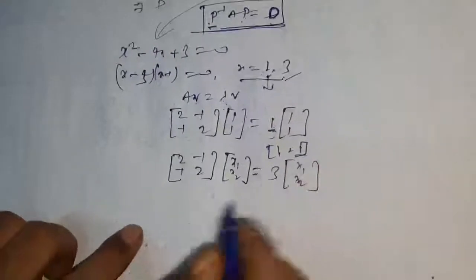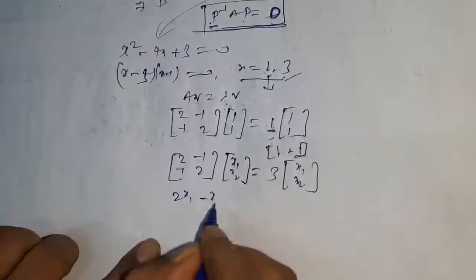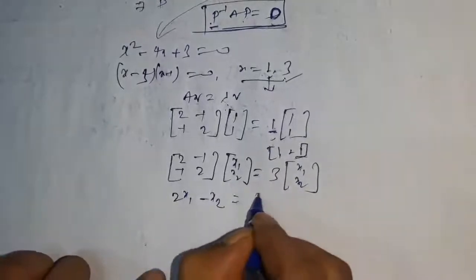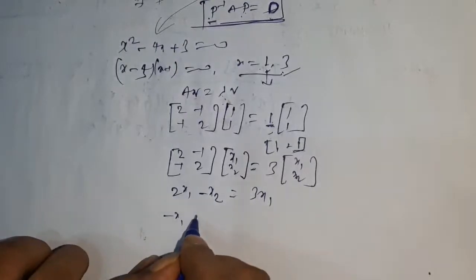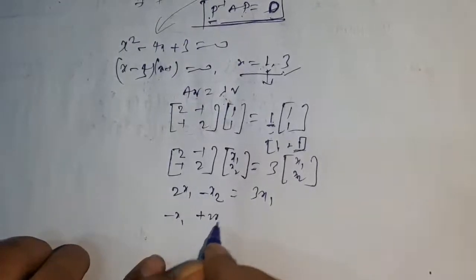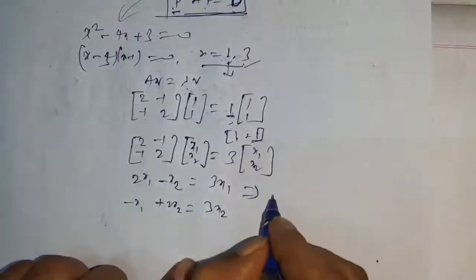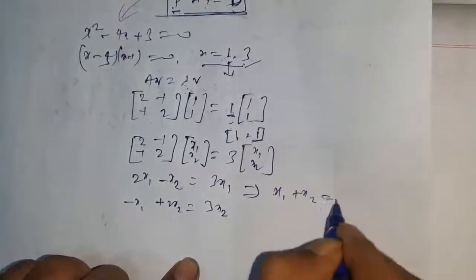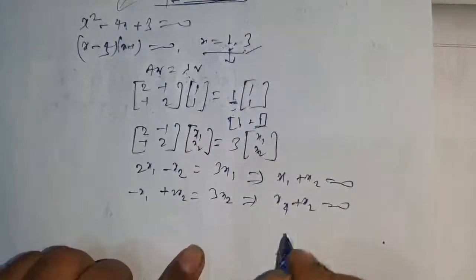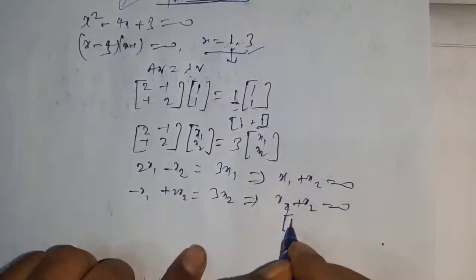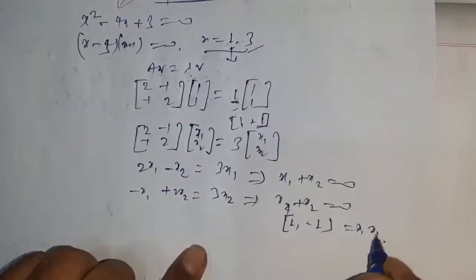After multiplying this you can get 2x1 minus x2 is equal to 3x1, and minus x1 plus 2x2 is equal to 3x2. Proceeding further you can get x1 plus x2 is equal to 0, and here also x1 plus x2 is equal to 0. From this you can get the eigenvector 1 minus 1 as x1 x2.